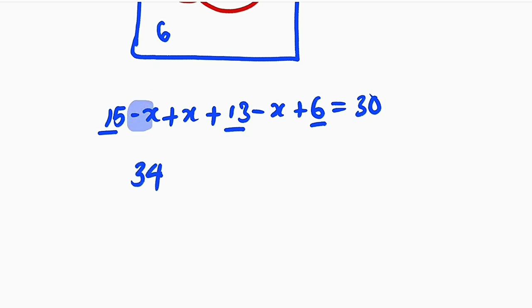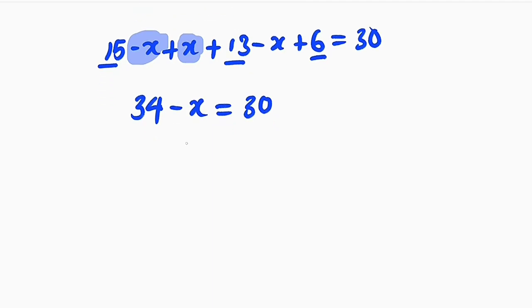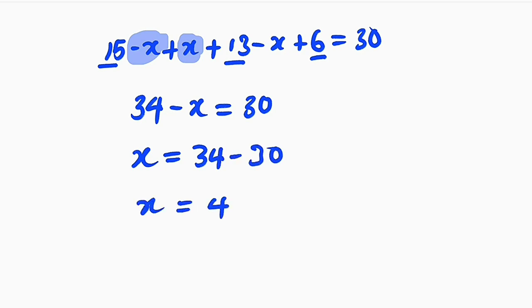And this and this will give us 0. We have only minus X. This is 30. So you make X the subject, X equal to 34 minus 30, and X is equal to 4.